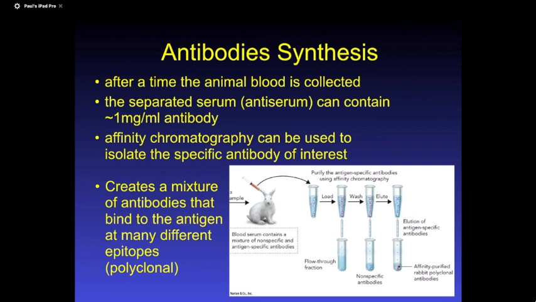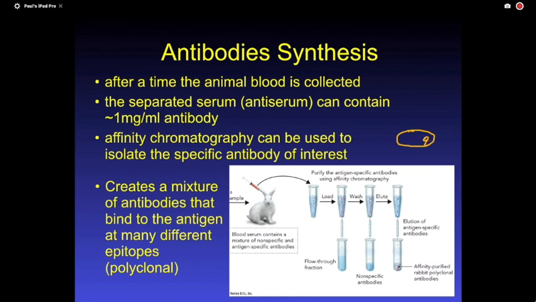What we first created are called polyclonal antibodies. Okay, what in the world is polyclonal? Remember you have an antigen, so some sort of molecule that elicits an immune response. And then an antibody could bind right here. Oops.